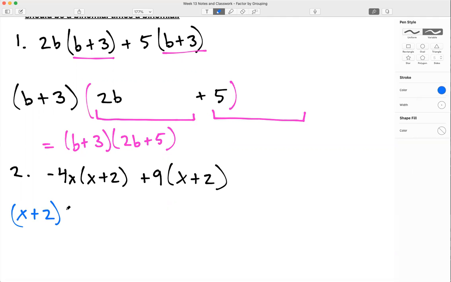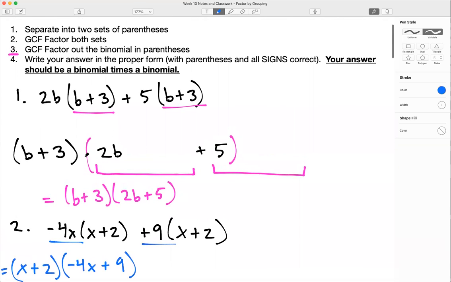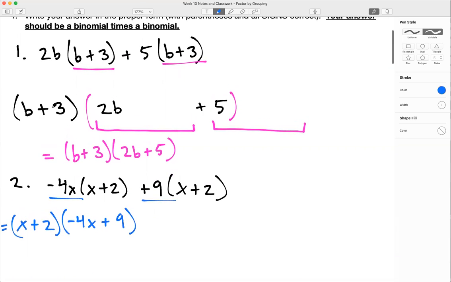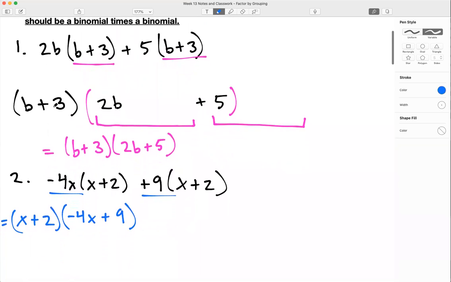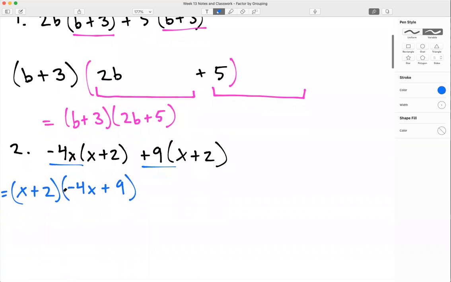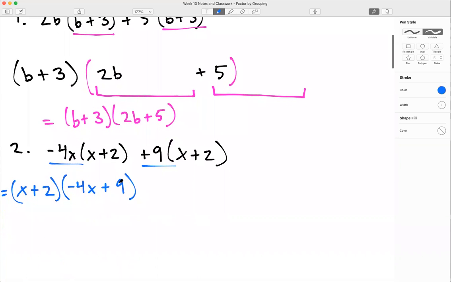And that means that what we are left with is a negative 4x, which was right here, and then the plus 9, which is right there. And that is our factored form. Now again, we only started with step 3 here. We'll do problems that involve a couple more steps, but just so you can get an idea of what we're doing.